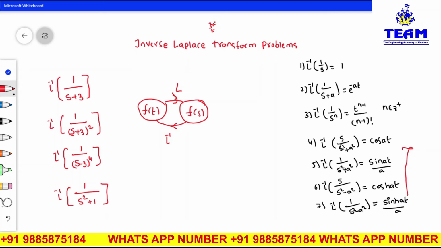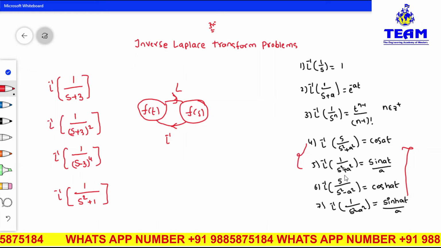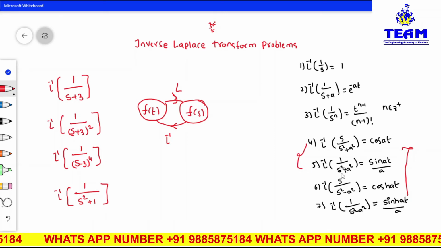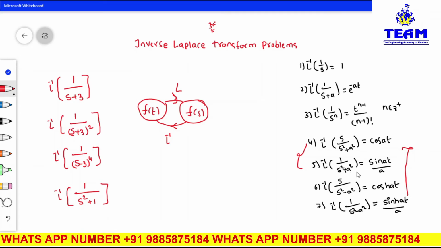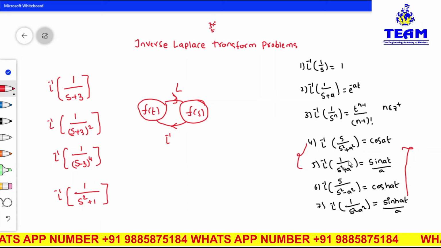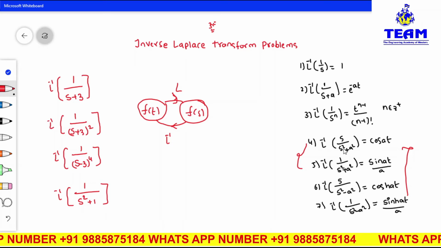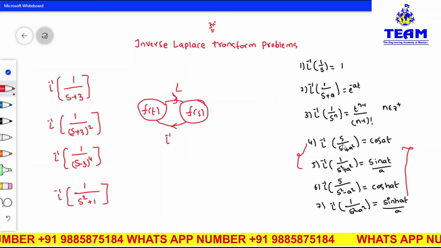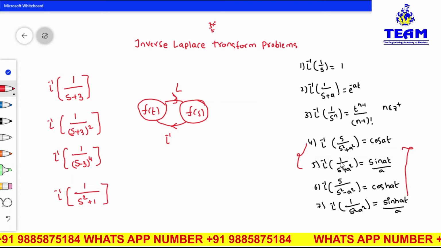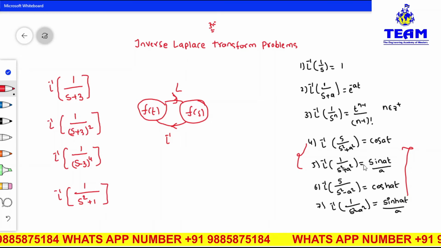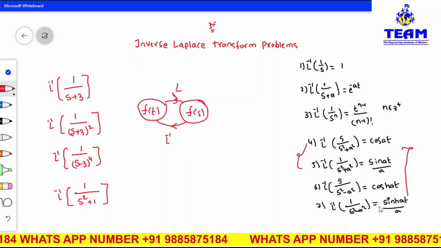The denominator is s square plus a square in both cases when sin or cos comes. When the numerator is s, cosine will come. If the numerator is a constant, sin will come. And if the denominator contains the s square minus a square form, hyperbolic functions come.